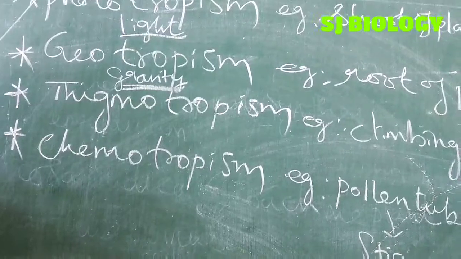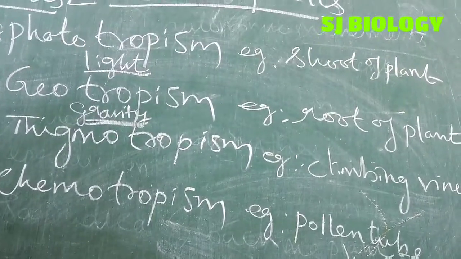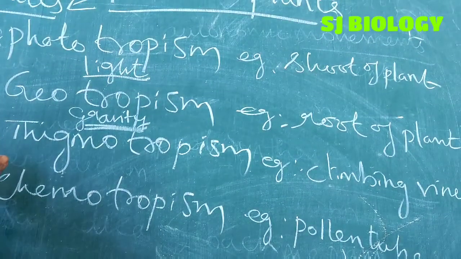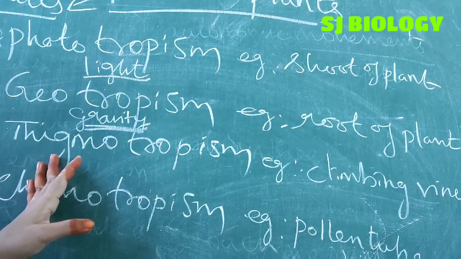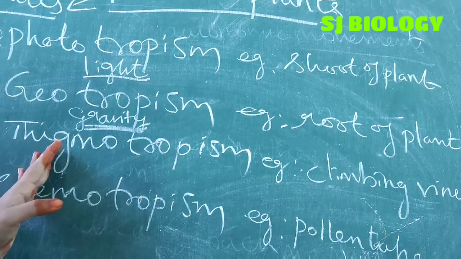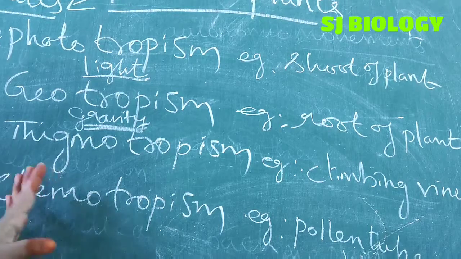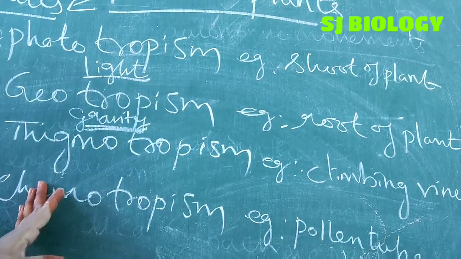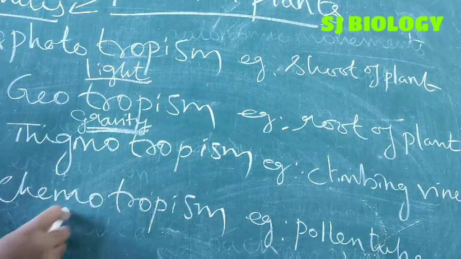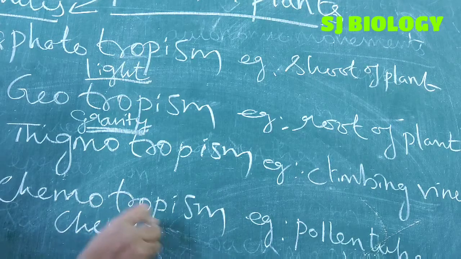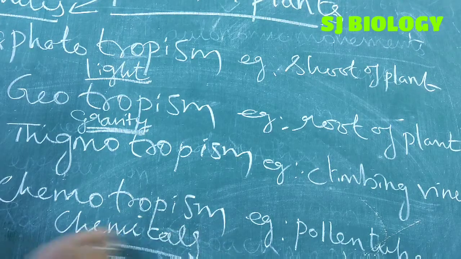That is the movement of a plant part due to what? Touch. So that is thigmotropism. And chemotropism is the movement of a plant part in response to what? Chemicals. What is the example?